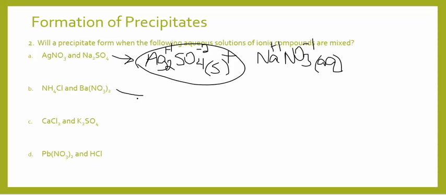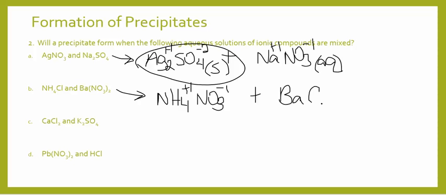Look at this second example. Again, I want to predict the products. So NH4 and barium switch. NH4 combines with NO3. Now charge-wise, you've got +1, -1. So that's my product. Plus barium with chloride. Barium's a +2, chlorine's a -1, so BaCl2.